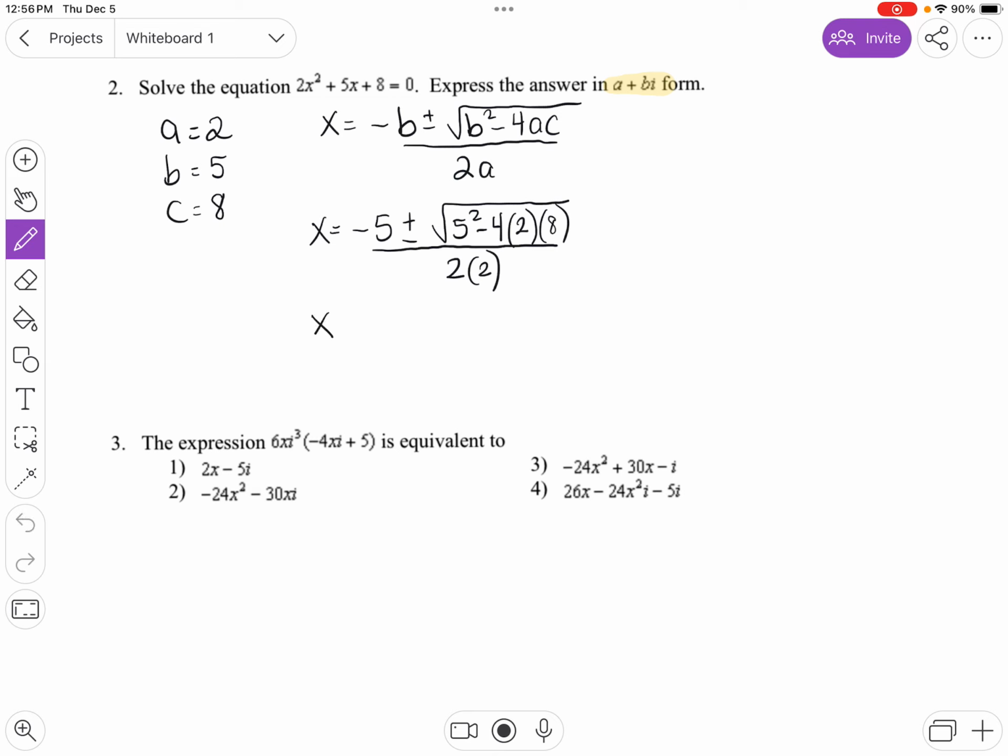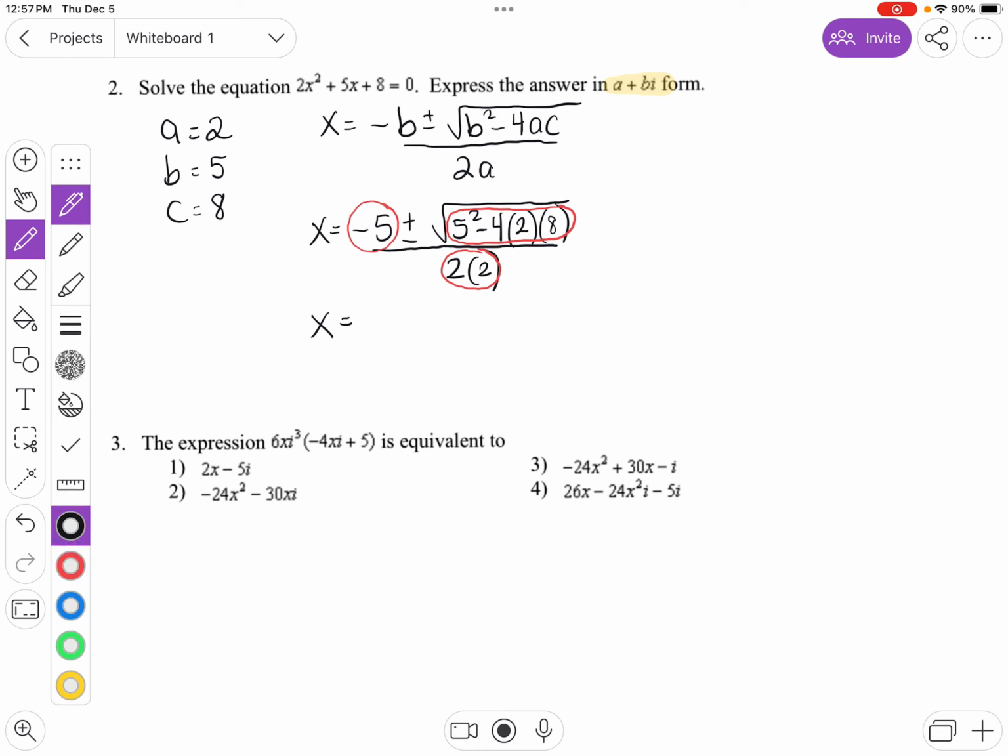All right, now, I like to call this 3 pieces. Okay, my first piece is here. I'm going to leave that as is. The second piece is underneath the radical, and the third piece is whatever is in the denominator. So piece 1, let's leave it.